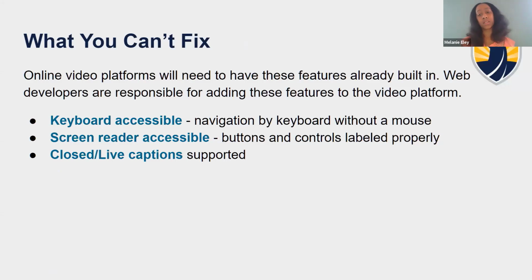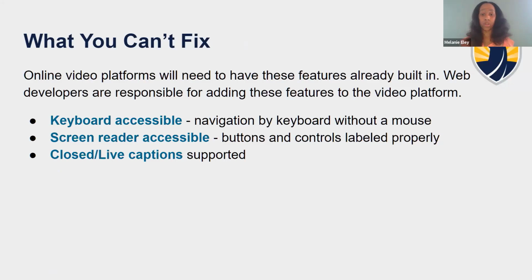So there are some things that we can fix, and there are some things that we can't fix when it comes to accessibility features in our video platforms. First, I want to focus on what we can't do anything about. That would be your keyboard accessibility, screen reader accessibility, and also whether or not the platform supports closed and live captions.